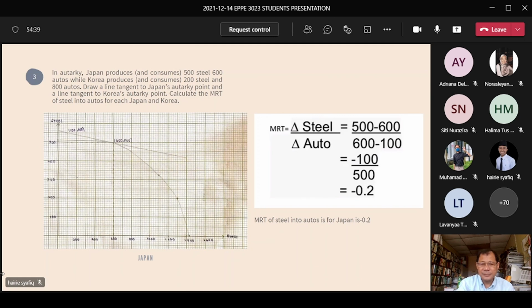Did you follow me? Let me repeat for the last time. MRT, or opportunity cost for the production of one more unit of x, equals the change in y on the top; we want to calculate x, but y is on the top.